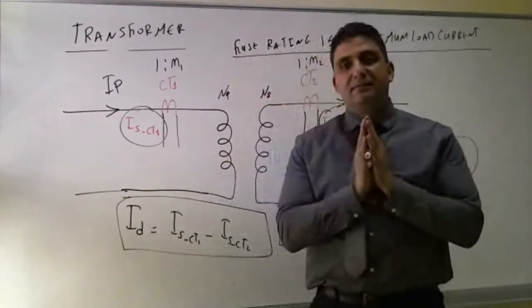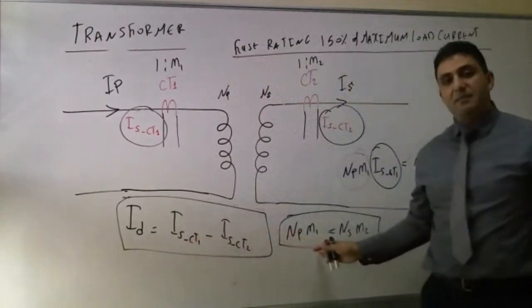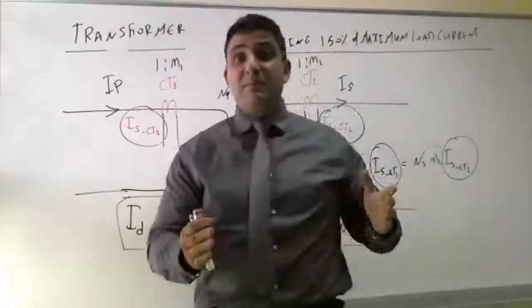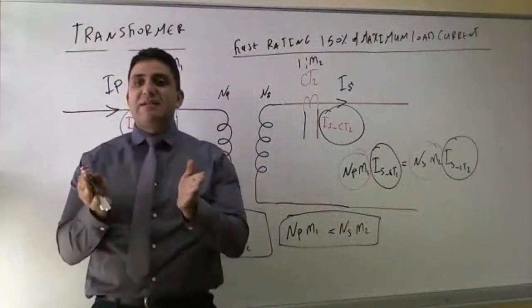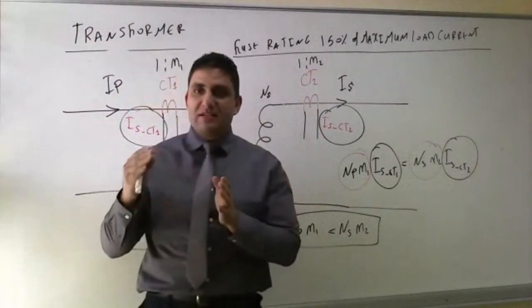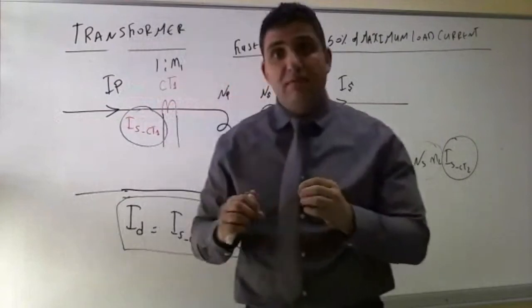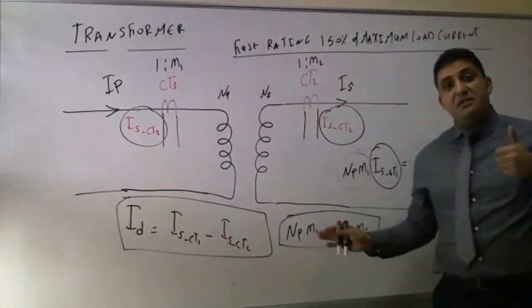Number one, the error exists because of CT ratio mismatch. That's number one. Number two, remember the CT chapter? Inside the CT chapter, we clearly explained the CT error. Remember the CT error, the I magnetization divided by I2? Remember this from the previous chapter? This is the second error.